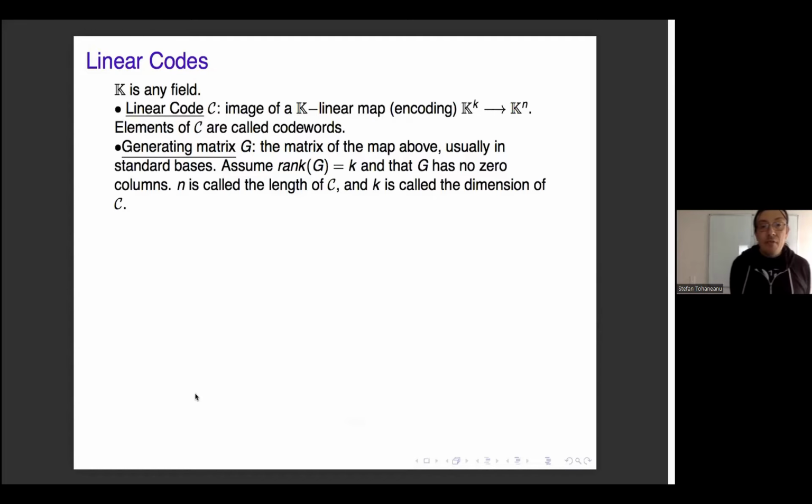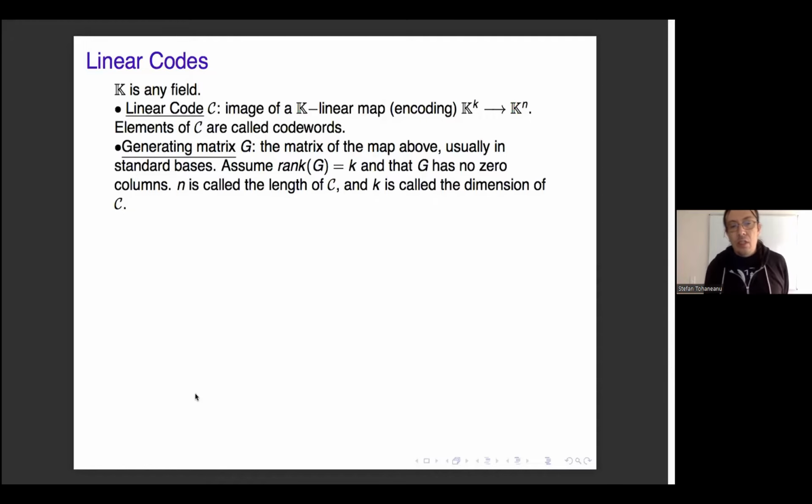Well, it comes with several, but if we use standard basis in the domain and the codomain, we get a matrix that's called the generating matrix. I assume that n is bigger than k, and that the rank of G is k, so that's an injective map.